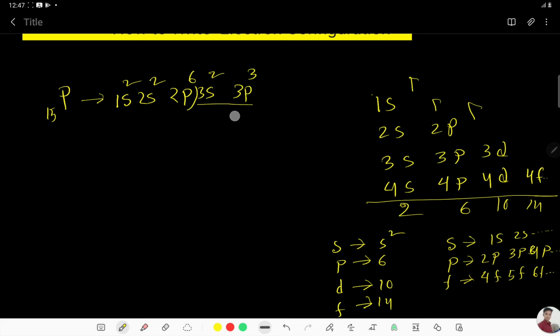Now this is the electron configuration of the ground state for phosphorus, but what is the electron configuration of phosphorus in the excited state? So in the excited state, look, the electron from 3s will go to 3d, right?